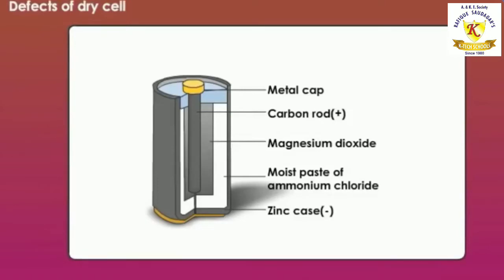If the cell is used continuously for a long time, polarization eventually sets in due to accumulation of hydrogen on the carbon rod and the cell action stops. For this reason, the cells are not used for continuous work.